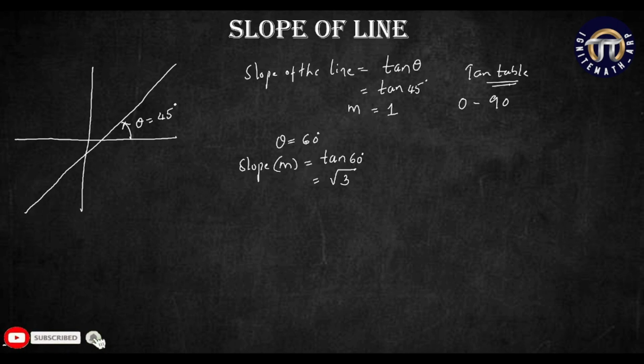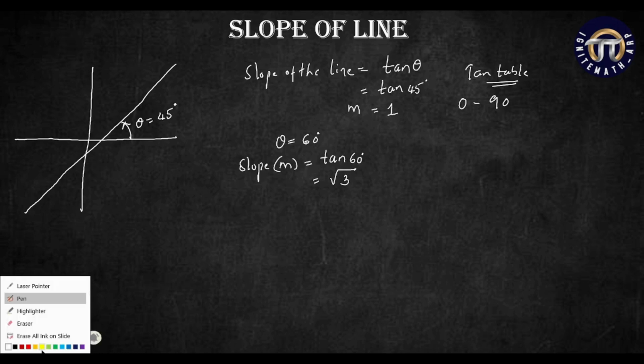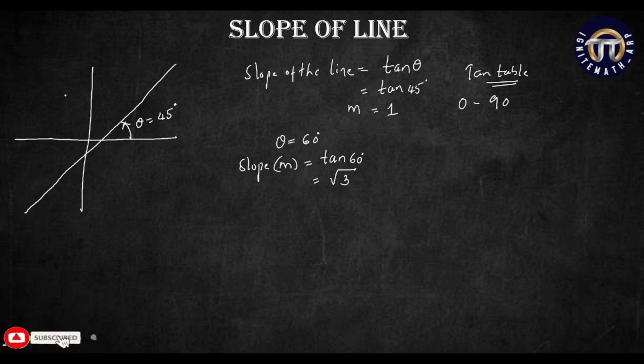So suppose the angle of inclination is obtuse. This is the line whose slope is to be found out, and I'm giving the angle of inclination as 120 degrees. How can I find out the slope of this line?